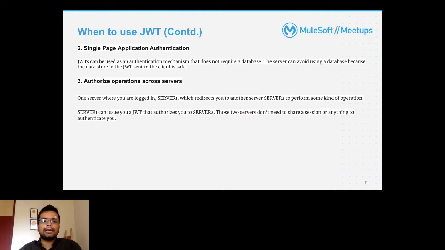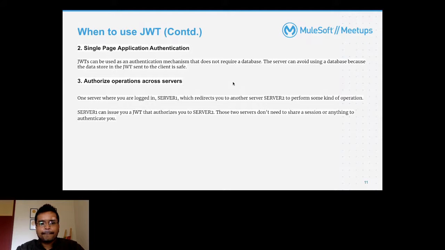Then authorizing operations across servers: if you have multiple servers that need to talk to each other, servers can send JWT tokens to other servers so that the communication between server 1, 2, 3, or n servers is always authorized. Somebody can't put traffic somewhere between server 1 and server 2.